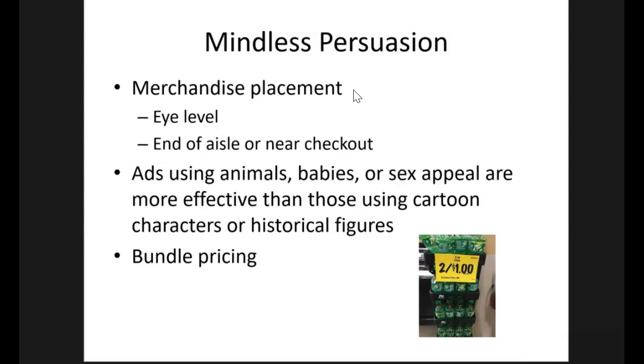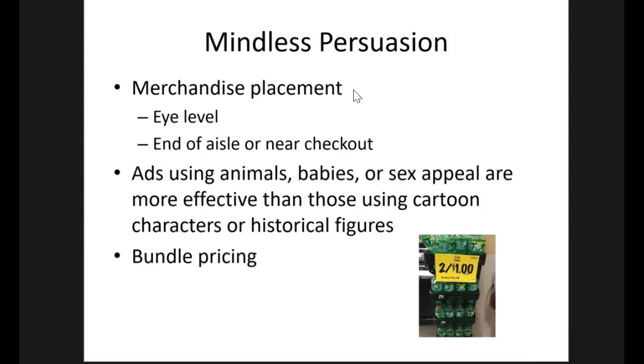They studied what types of ads and what types of peripheral cues are the ones that are more effective, and it finds that animals, babies, and sex appeal are way more effective than cartoon characters or historical figures. And as I was thinking about that statistic, I thought to myself, I haven't really seen too many cartoon commercials, I think, but there are a lot of sex, baby, and animal commercials.